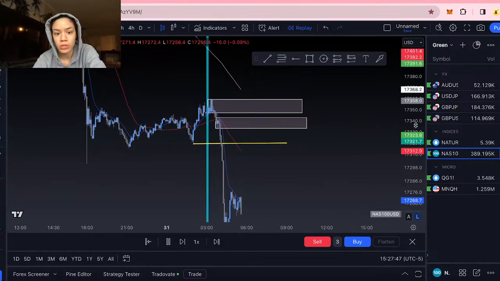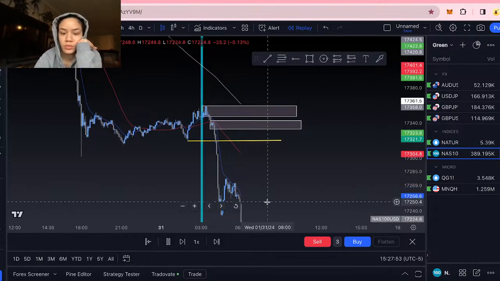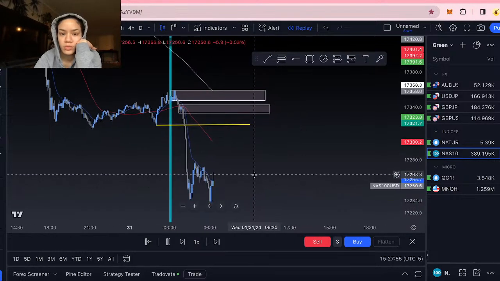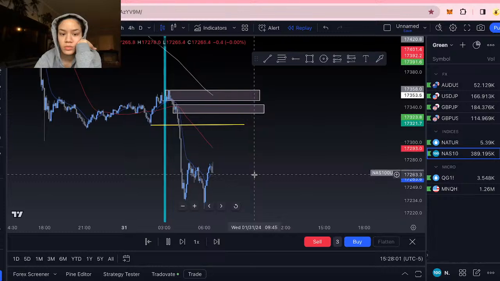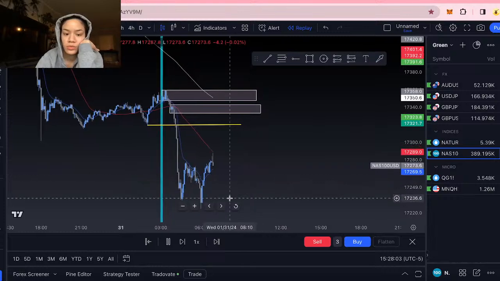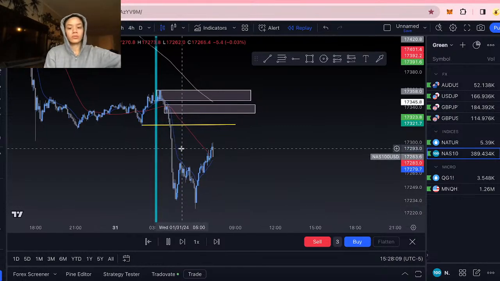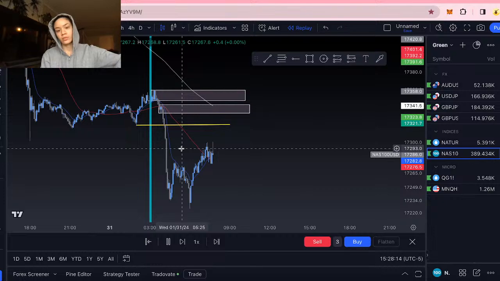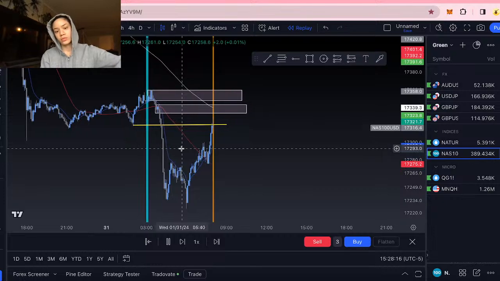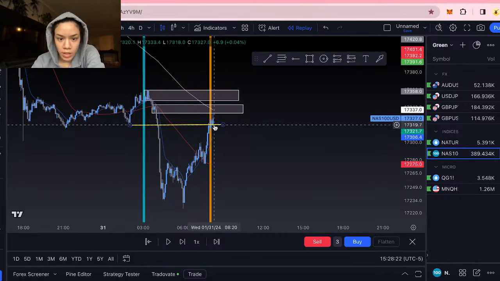And I don't remember what it just did, so. So here, it passed this yellow zone and tapped into it, and now it's tapping at the demand zone.